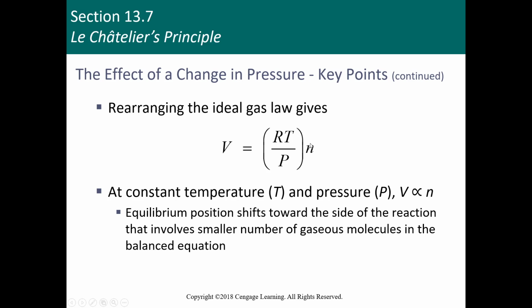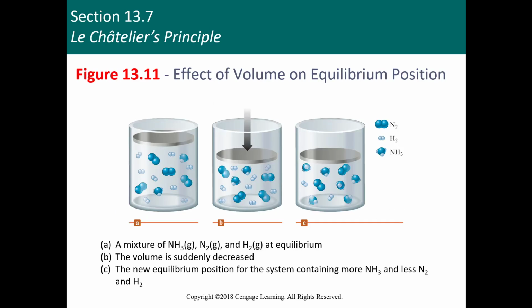And so if you have more moles, they're going to take more volume, right? If you have less moles, you're going to take up less volume. And so your equilibrium position will shift towards the side of the reaction that involves the smaller number of gaseous molecules in the balanced equation as you reduce the volume.